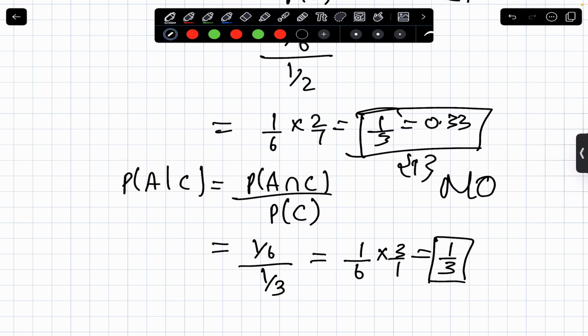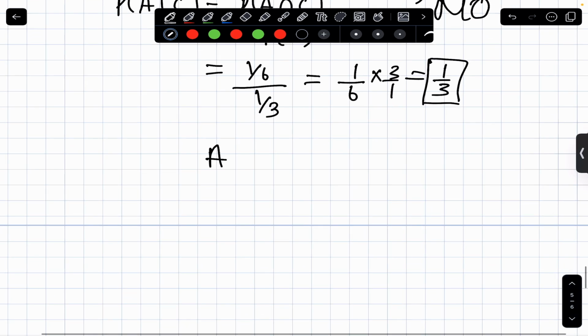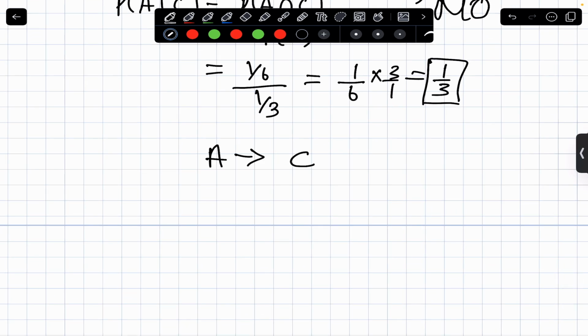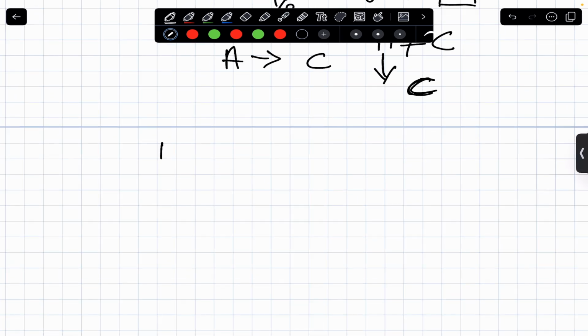Because if the events are dependent, then the occurrence of event A changes the probability of C. Okay, are you getting it? If A has already occurred, then C won't have the same probability as it had earlier.